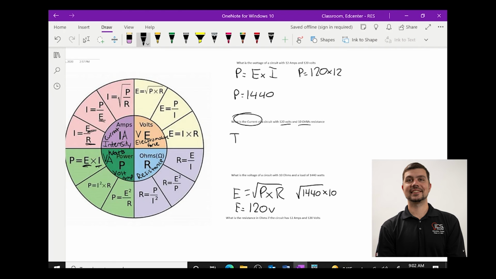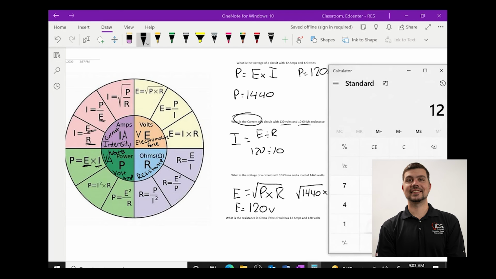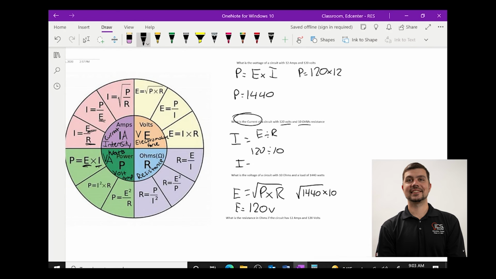So I equals E divided by R. So I is going to equal 120 divided by 10. Just to remove a 0, but just to show y'all, 120 divided by 10, right at 12. I equals 12 amps, 12 current, whatever you want to call it.